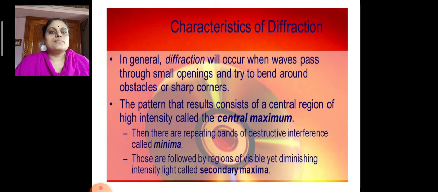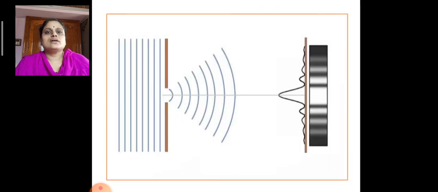Then there are repeating bands of destructive interference called minima. Those are followed by regions of visible yet diminishing intensity light called secondary maxima. So when diffraction occurs, the pattern that we obtain on the screen is as shown.